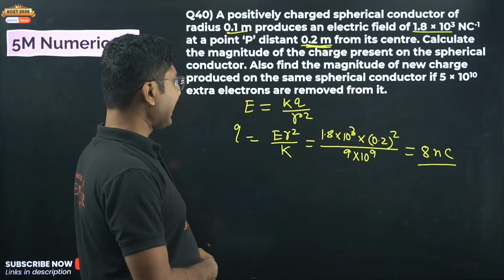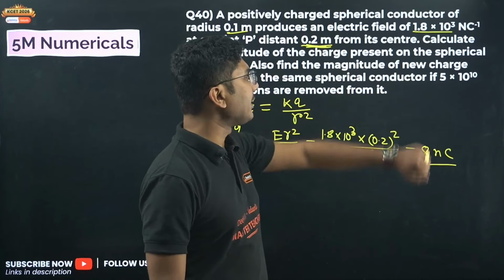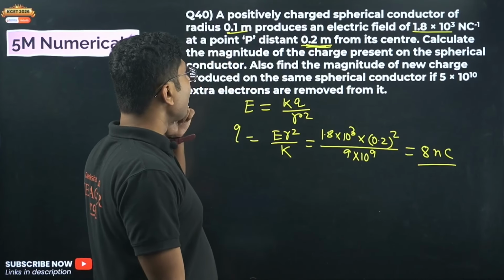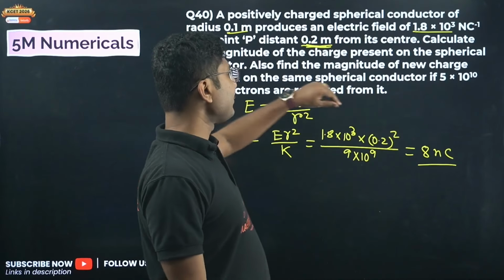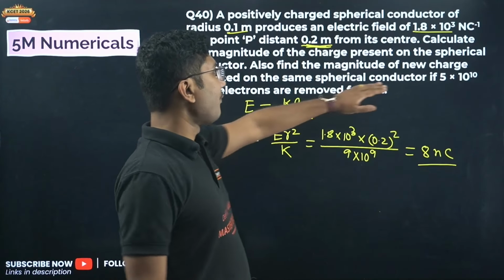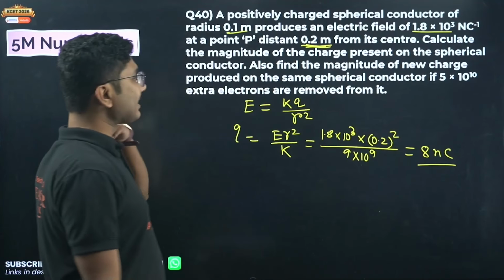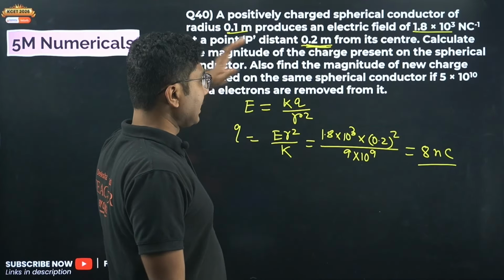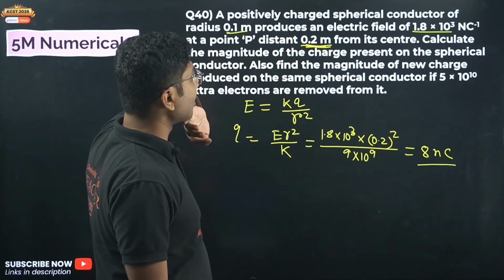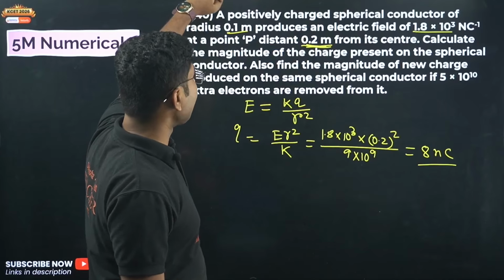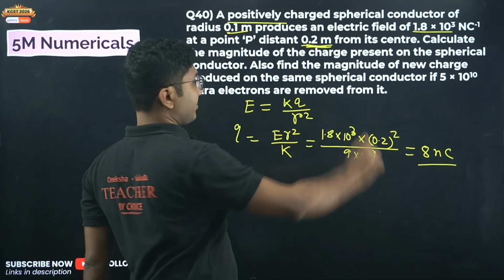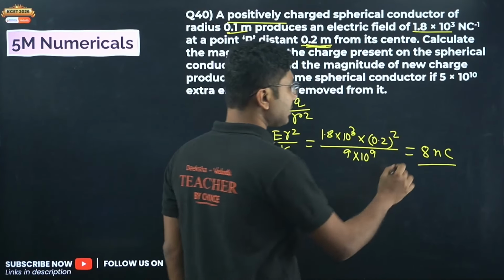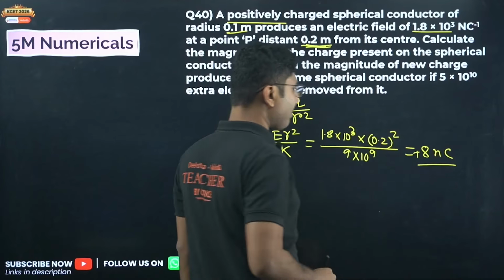Now second part, also find the magnitude of the new charge produced on the same spherical conductor if 5 into 10 to the power of 10 extra electrons are removed from it. Here the direction of the electric field is not mentioned, but positively charged is mentioned, that means this must be plus.